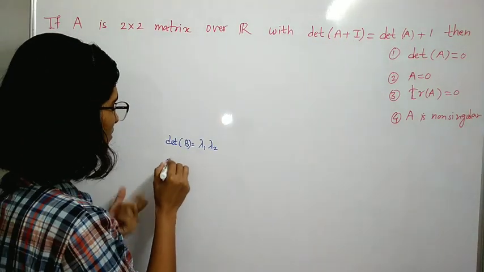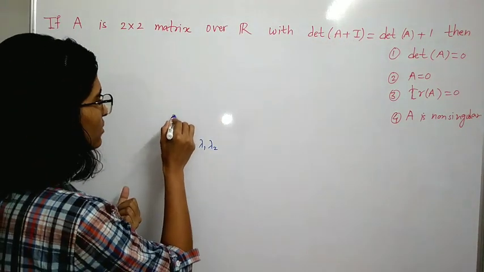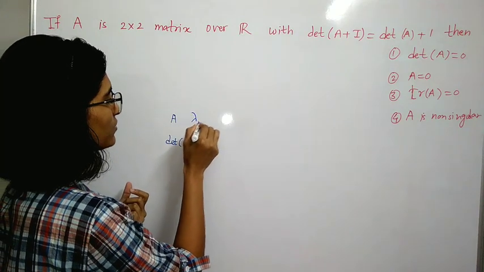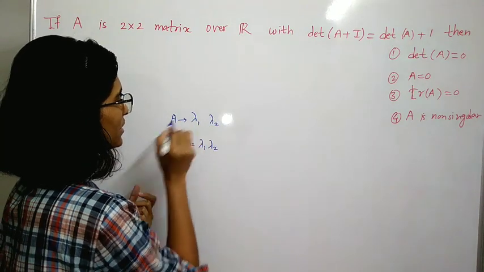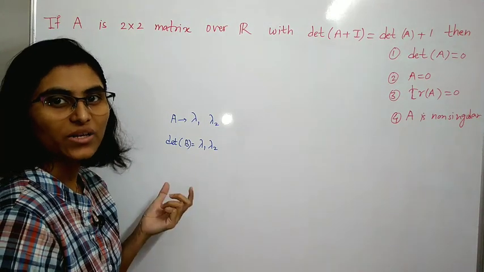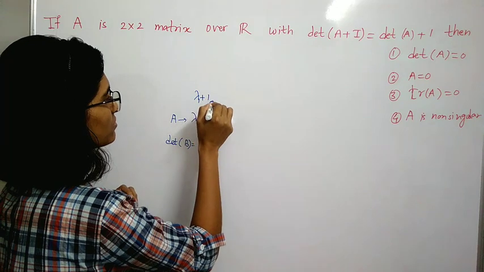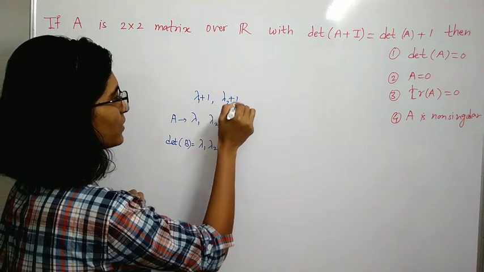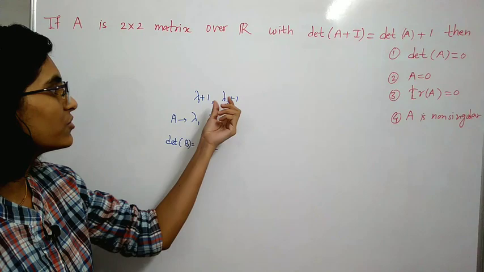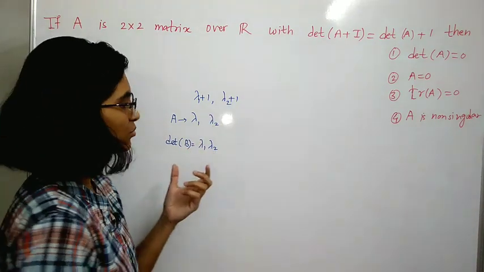So suppose we have a matrix A with eigenvalues lambda 1, lambda 2, then what are the eigenvalues of A plus I? These are just lambda 1 plus 1 and lambda 2 plus 1. Why? Because I am using a result here which is very important.